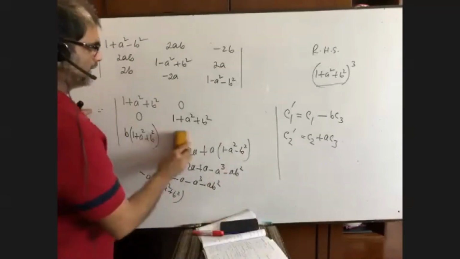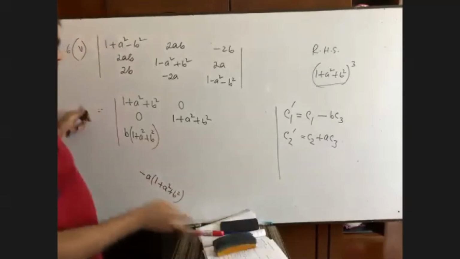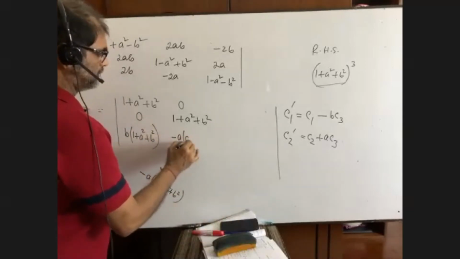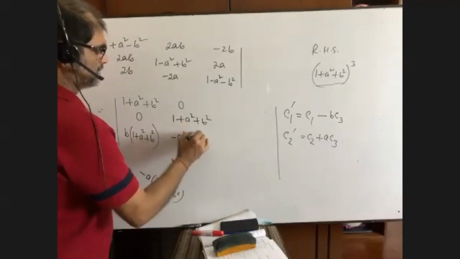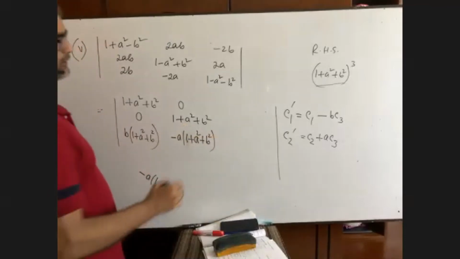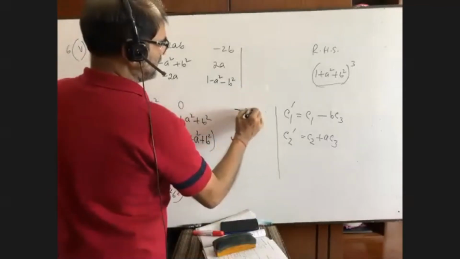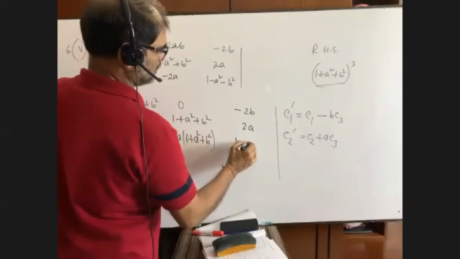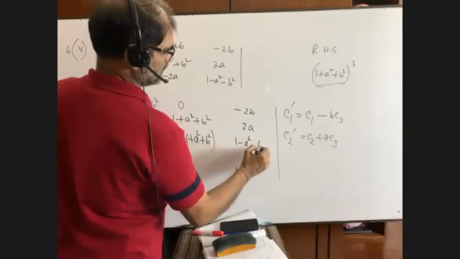So we are getting here minus a into 1 plus a square plus b square. This is minus 2b. This is twice a. This is 1 minus a square minus b square.